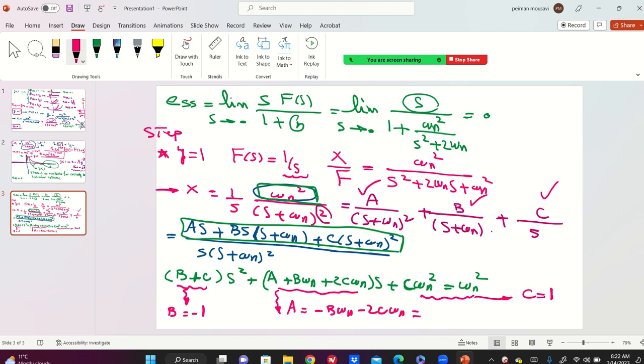So it's going to be omega n minus 2 omega n, going to be minus omega n, not plus omega n. Okay. So, can I go to the next page? Yes, everybody?